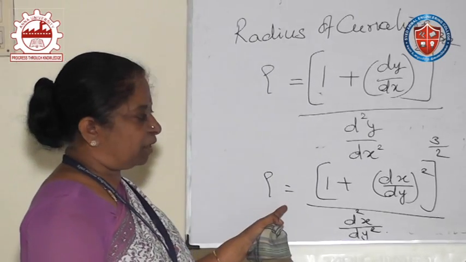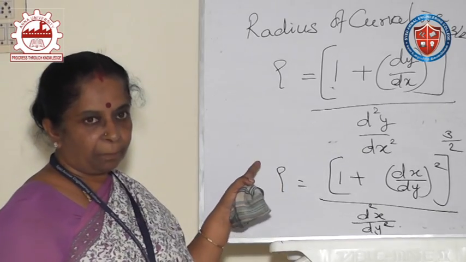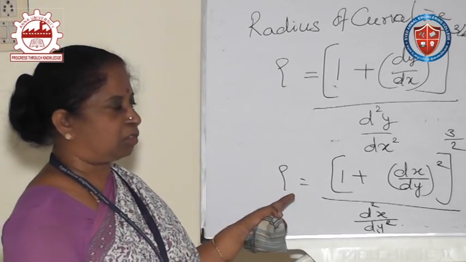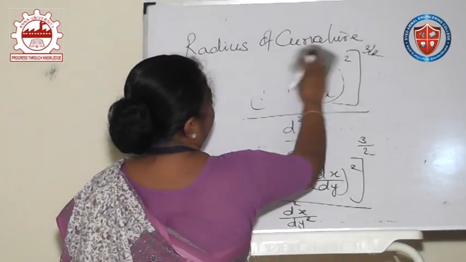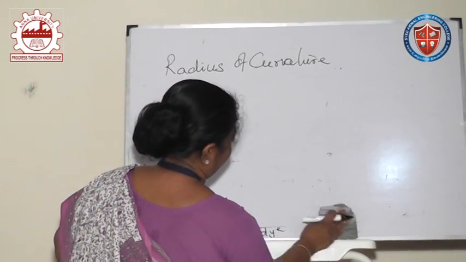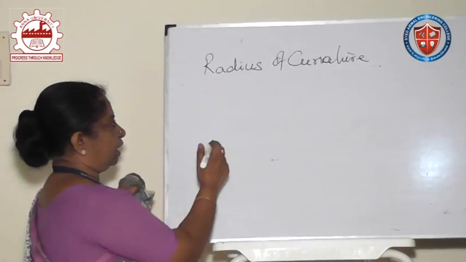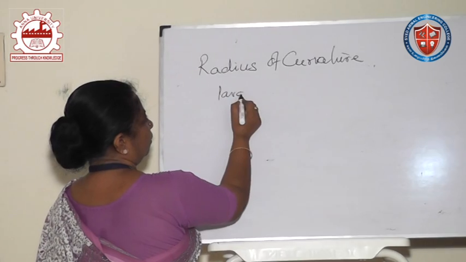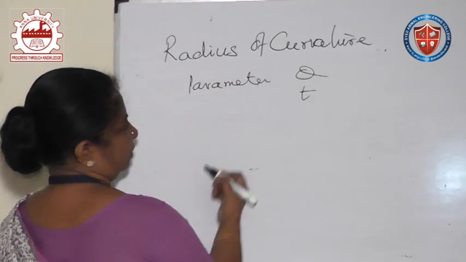Now this radius of curvature can also be calculated for the parametric representation. How does the parametric representation come? In parametric form, we have one parameter, which we usually take in the form of theta or t.